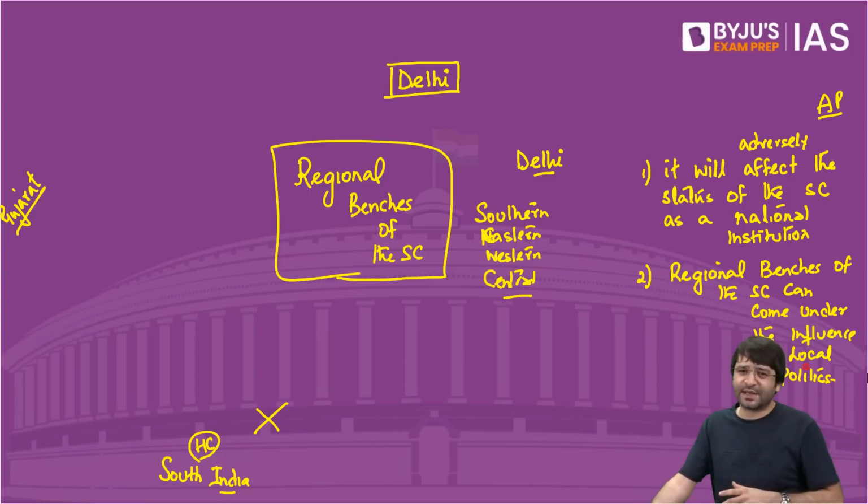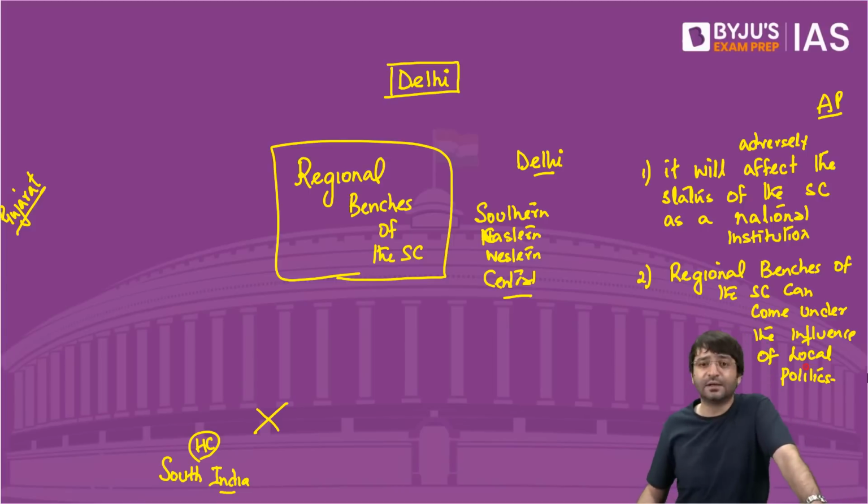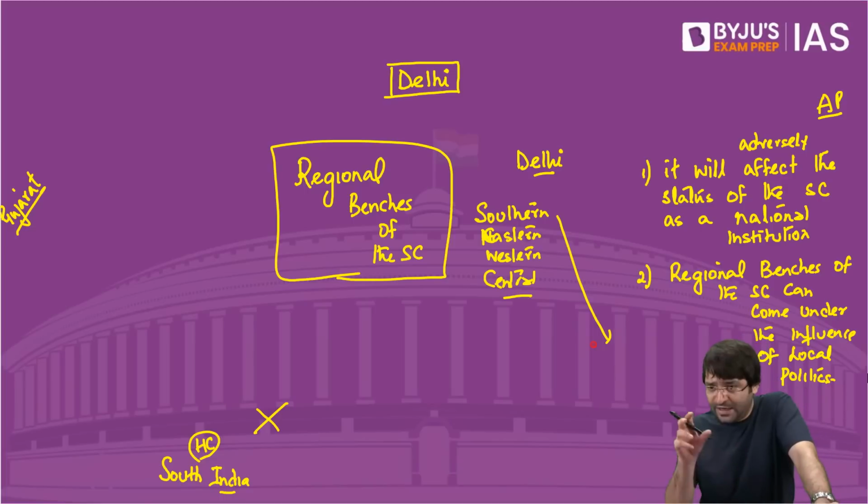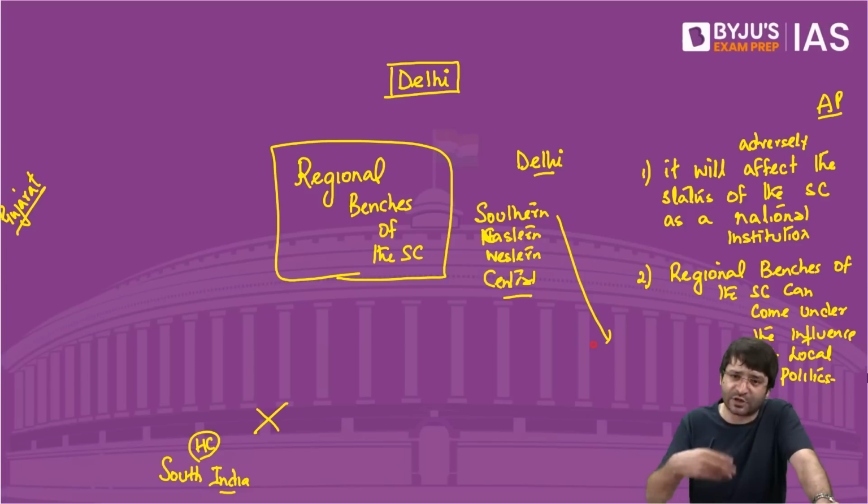That's not acceptable to us because it will adversely affect the status of the Supreme Court as a national institution. Second, if we set up a regional bench in Chennai or in any place in South India, East India, West India, Central India, it will come under the influence of local politics. That is why, for these 2 reasons, we will not have regional benches of the Supreme Court. The existing structure continues.